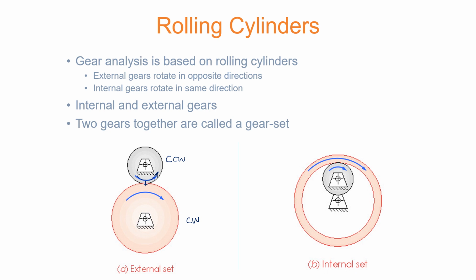But that would not always be the case when you have the possibility of placing the input cylinder inside the big cylinder, as is indicated right over here in the internal set in sub-diagram B. So you can see that the input cylinder is going in the counterclockwise direction, and since it is engaged with the bigger cylinder at this particular point, which is inside the cylinder, it is going to force the motion in a sense that the upper cylinder also moves in the counterclockwise direction.